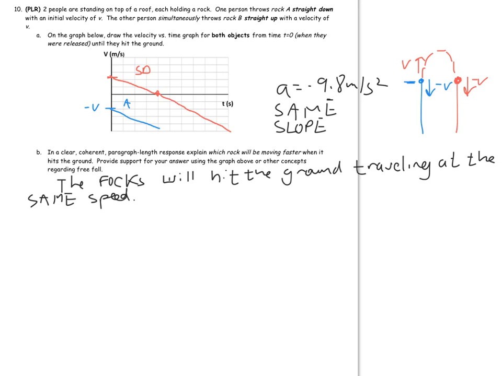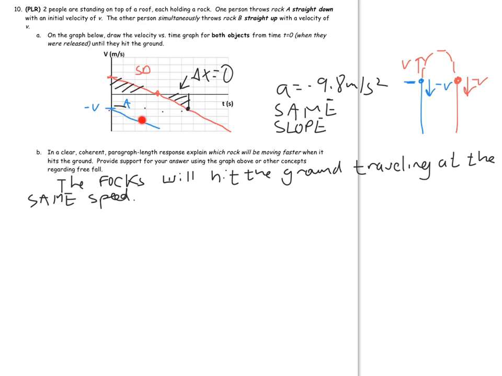If we look at it here, we can see that at this point here, the two objects are traveling at the same speed. And what is that point? Well, that's the point where rock B actually has a displacement of 0. This positive area and this negative area should be the same, and I realize I didn't draw that perfectly, but that's the point when it returns to its initial starting position.